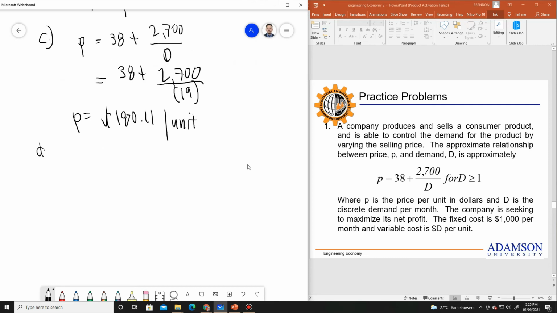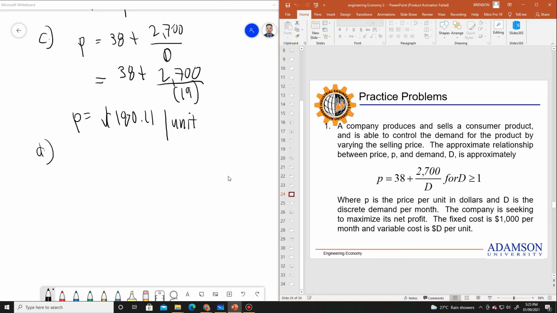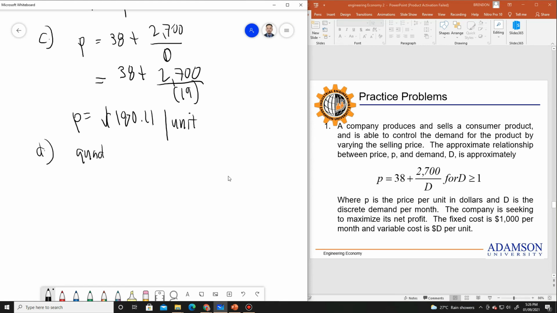And lastly, our letter D, we will get the break-even points and the range of profitability. So we will use the quadratic formula. X equals negative B plus or minus the square root of B squared minus 4AC, all over 2A.